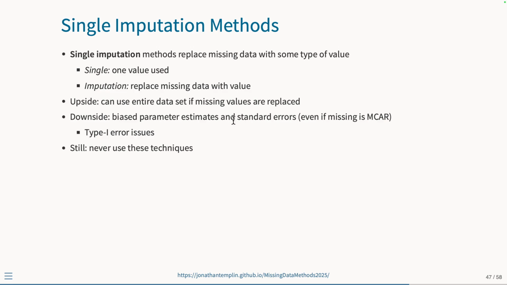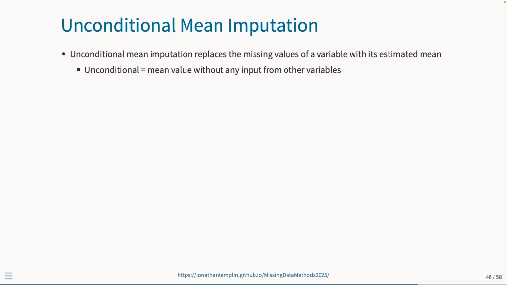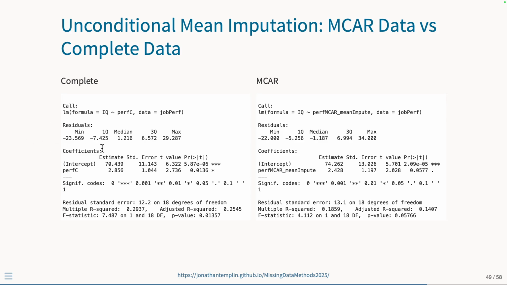You may also shrink your standard errors more than needed, so you may end up having type 1 error rate issues. The most obvious is the unconditional mean imputation, which imputes the mean without input from any other variable.